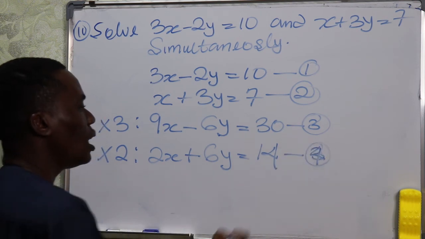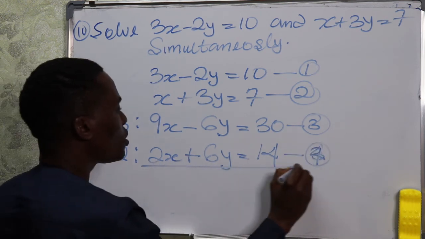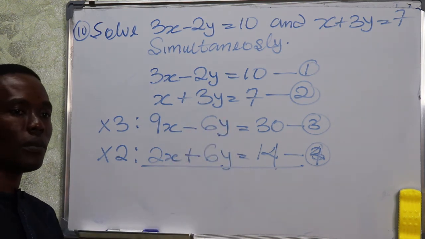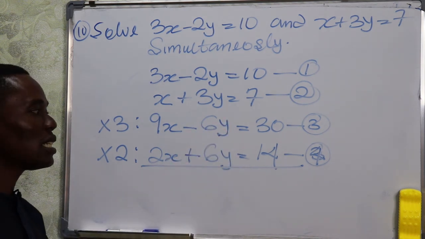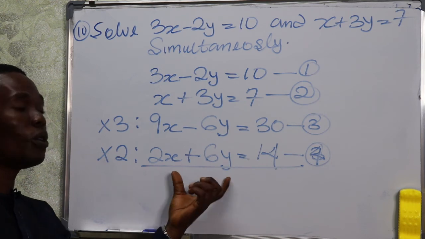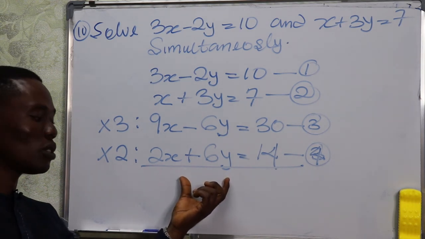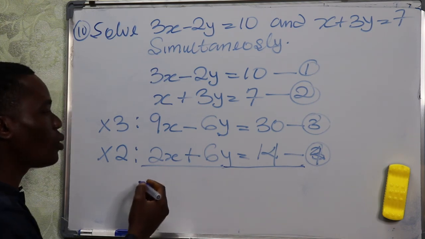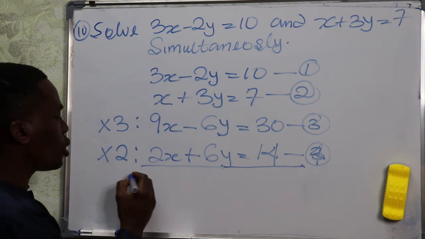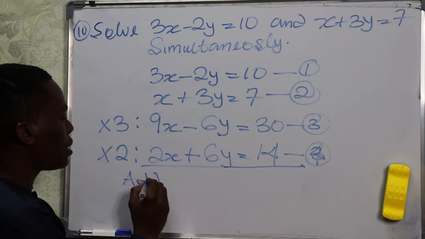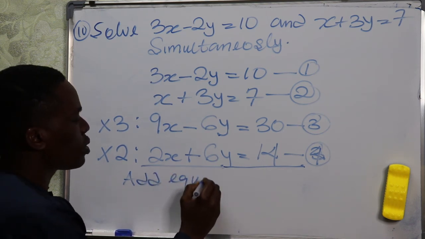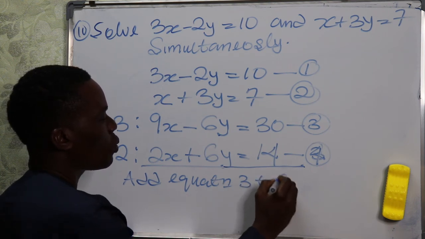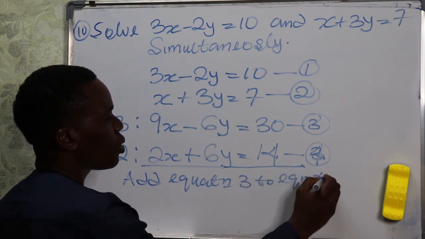Now if you come to see this, you come to see now that the two values for y are the same and they can be eliminated, and that is why we call this method the elimination method. Now having gotten to this point, we are going to bring about an instruction, and the instruction is: add equation 3 to equation 4.